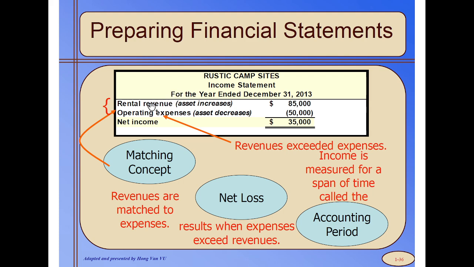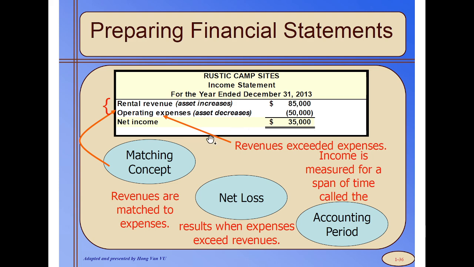For this case, we have the rental revenue of 85,000, which increases assets. We have the operating expenses, which decrease assets, of 50,000. So the net income is the difference: 85,000 minus 50,000 equals 35,000.